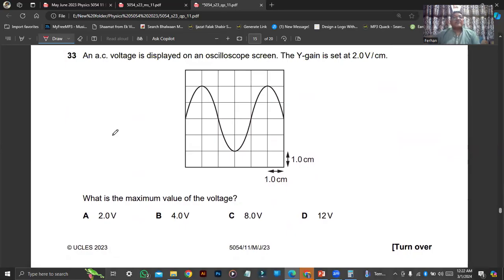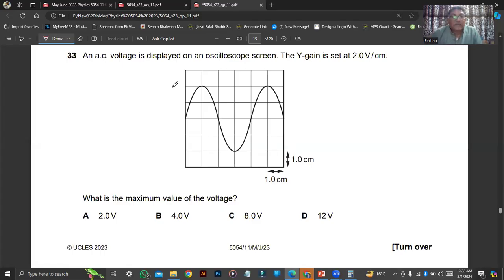Okay, so question number 33. An alternating voltage is displayed on an oscilloscope screen. The Y gain is set at 2 volt per centimeter. The scale for the Y-axis is 1 centimeter represents 2 volt. What is the maximum value of the voltage?